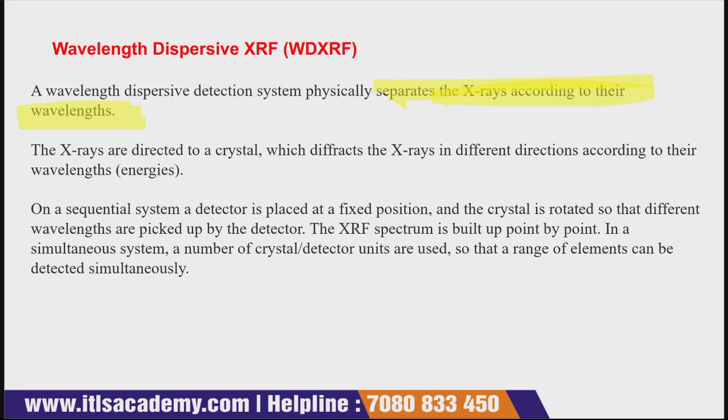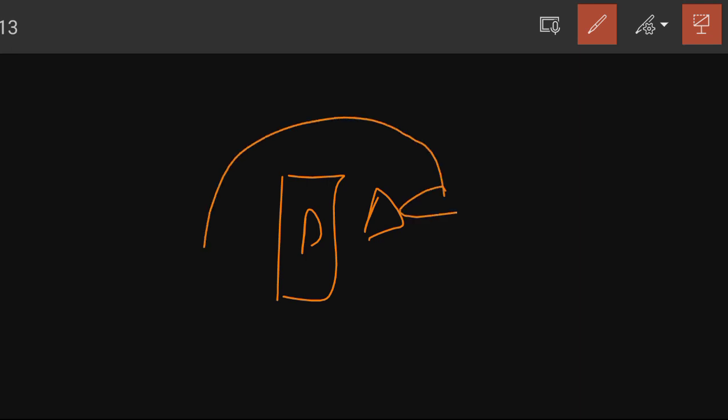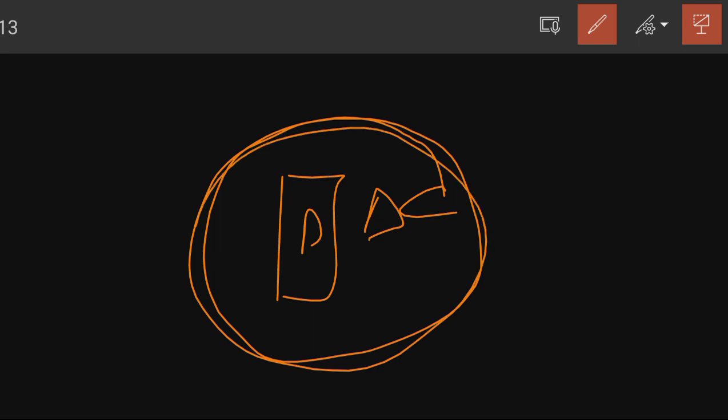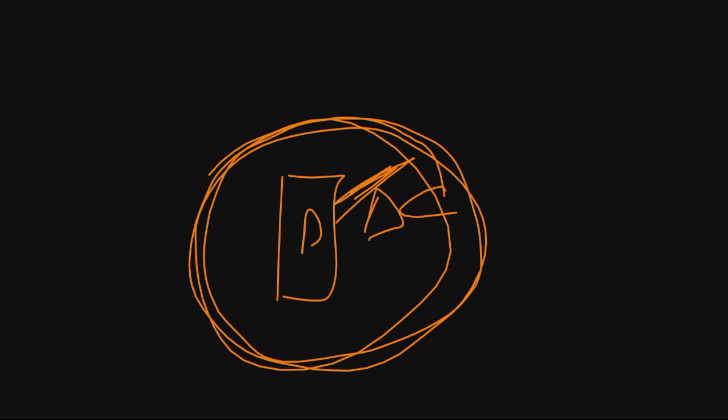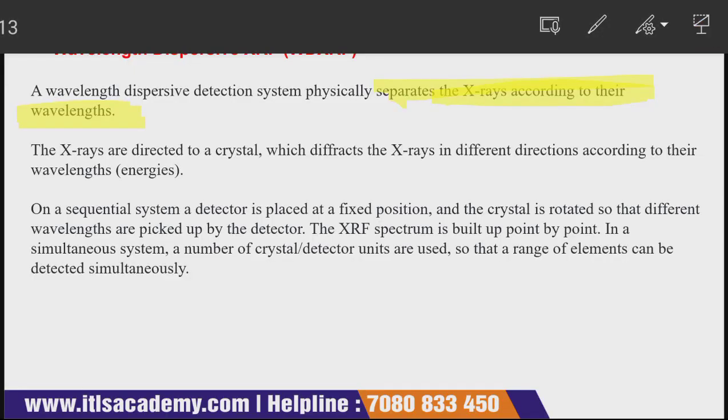See, if this is a detector and the crystal is placed here, the crystal is rotated around the detector, so that the detector can detect the presence of x-rays of different wavelengths, or you can say different energies. So this is the principle behind wavelength spectroscopy.